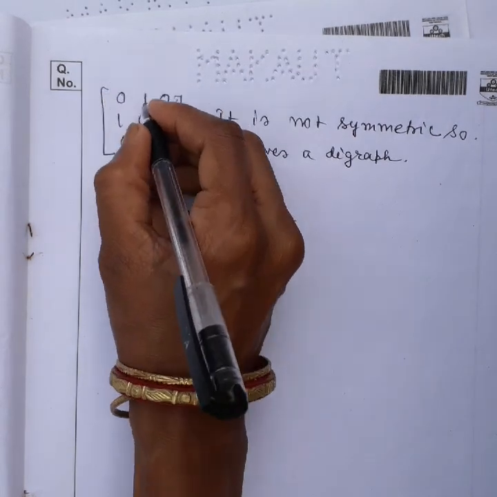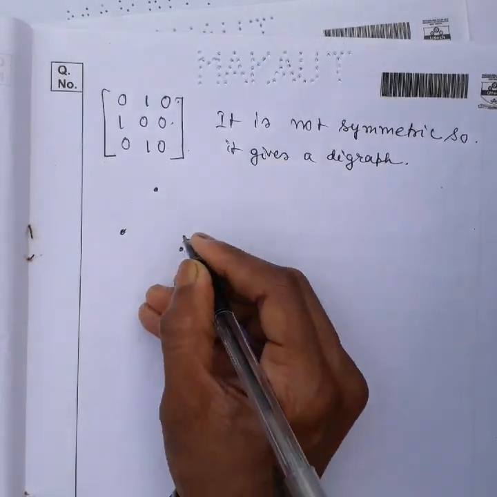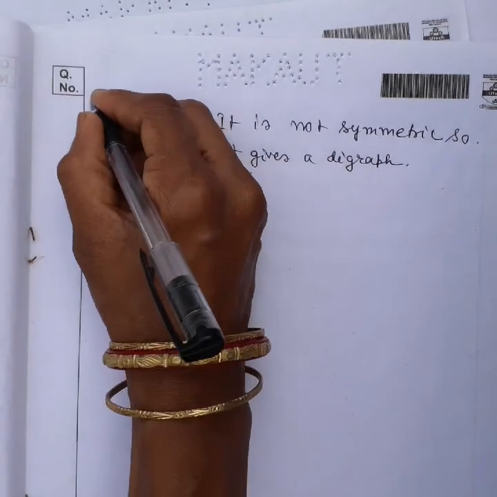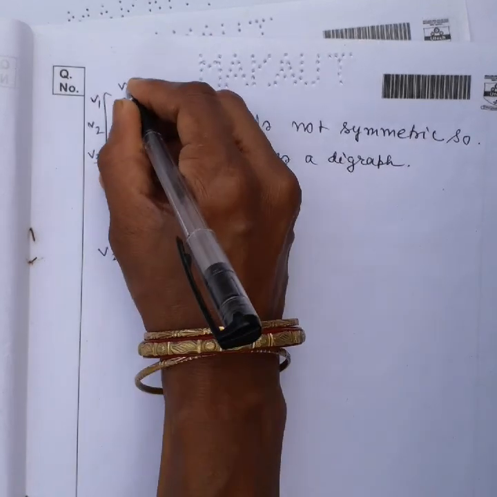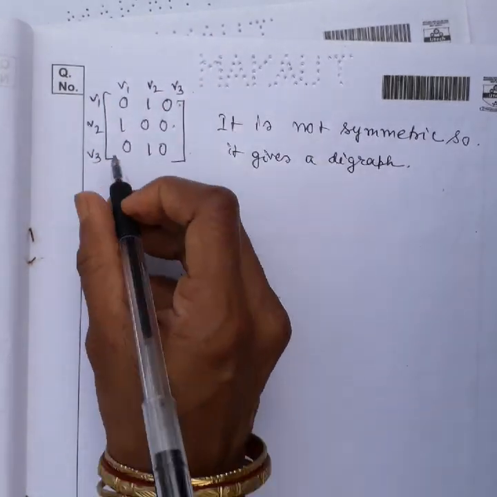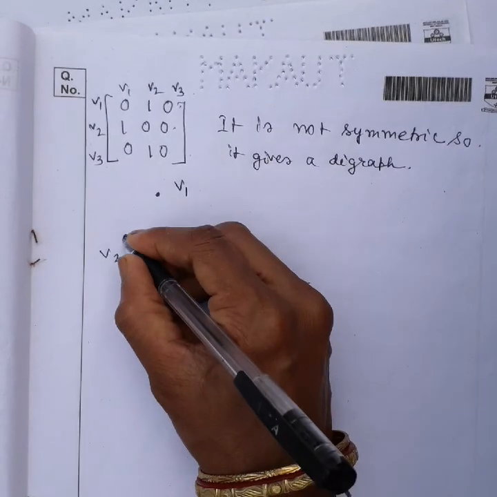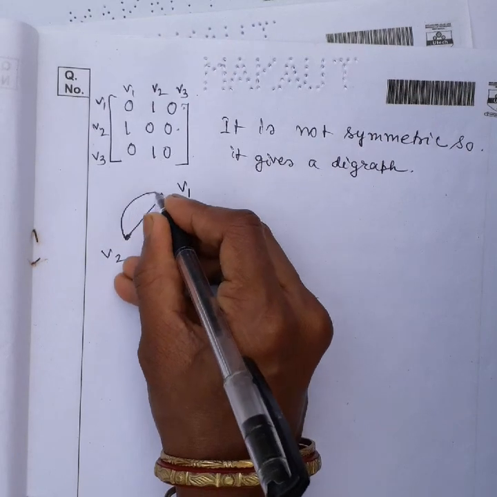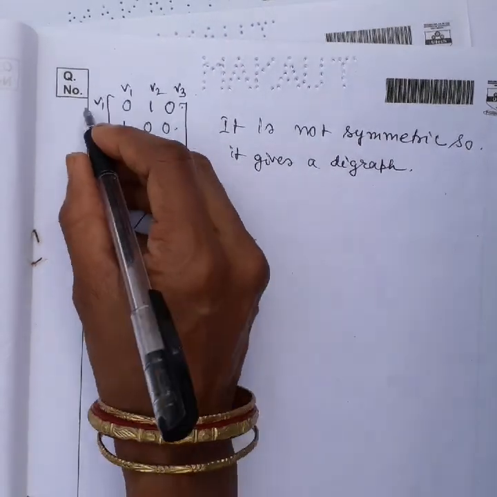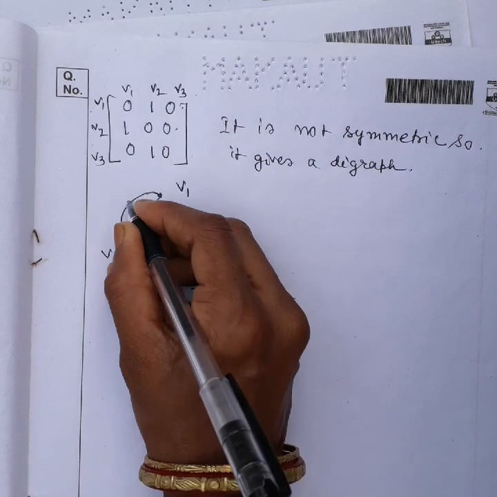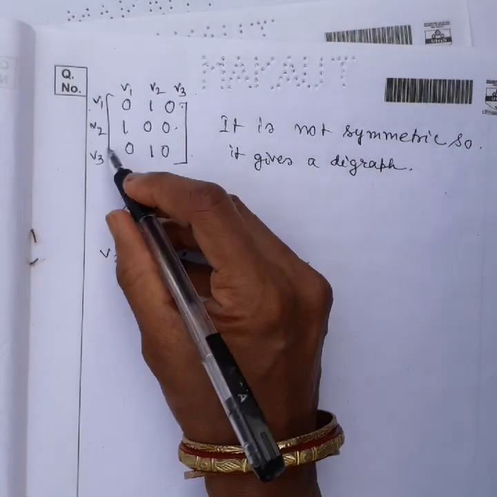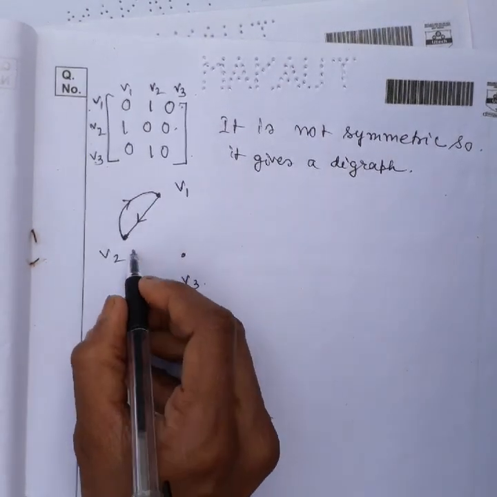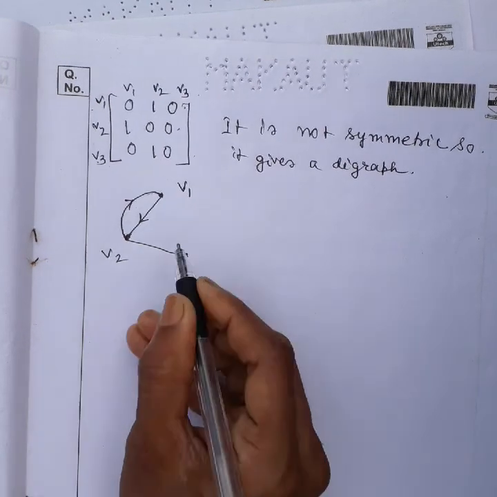That means v1, v2, v3. V1 is connected to V2, and V2 is connected to V1. As it is an adjacency matrix, V1 to V2 and V2 to V1. Then V3 is connected to V2.